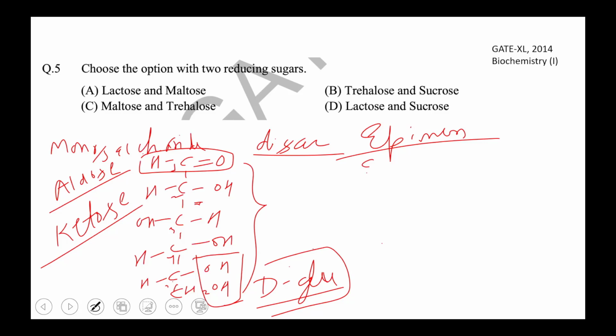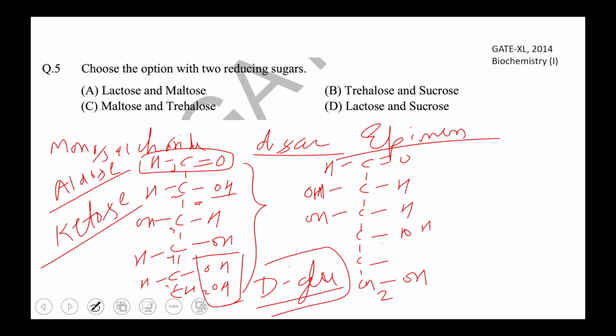In another epimer, the OH at the second carbon is present on the opposite side, and the rest of the arrangements remain the same. We can call this the C2 epimer.